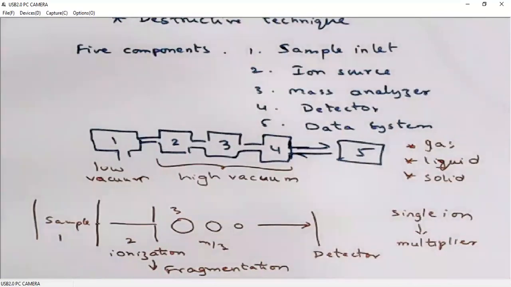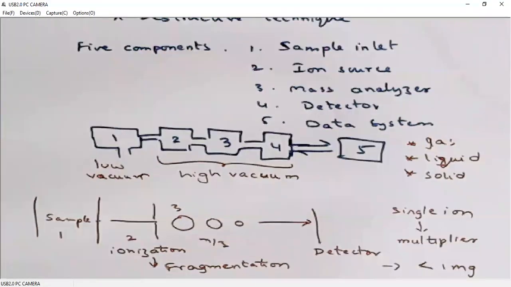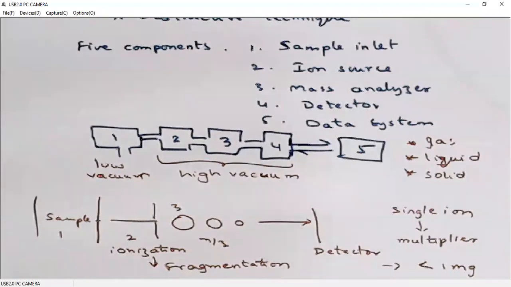So mass instruments are very accurate, and even a single ion can be detected. That is why the sample requirement is even less than 1 milligram. Even maybe 0.001 milligram is enough to identify the compounds using a mass spectrometer. Such a great instrumentation technology it is.